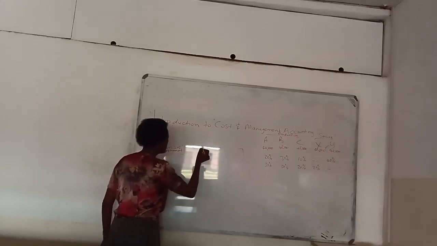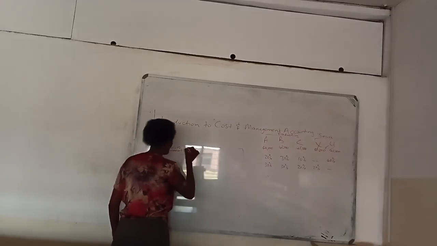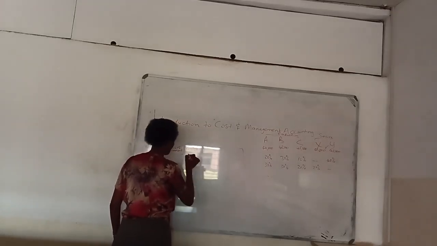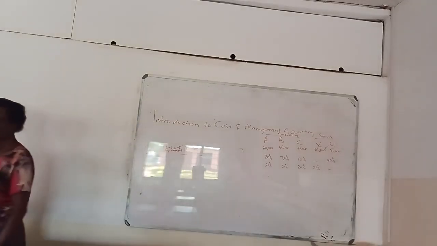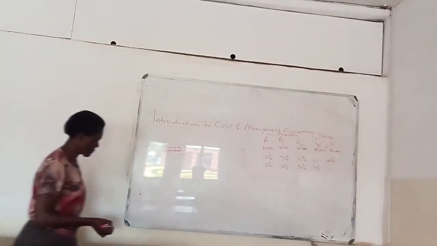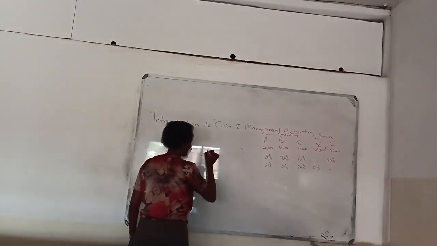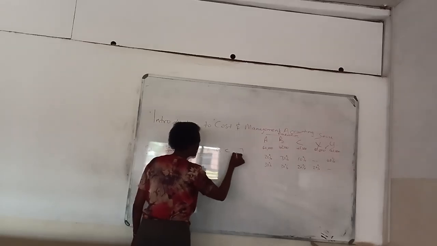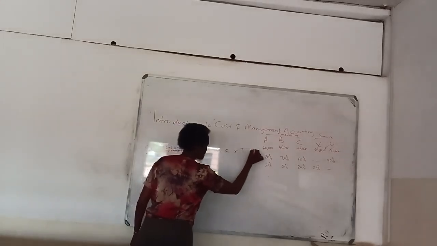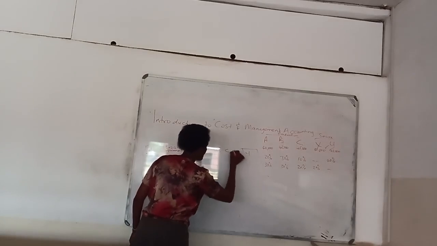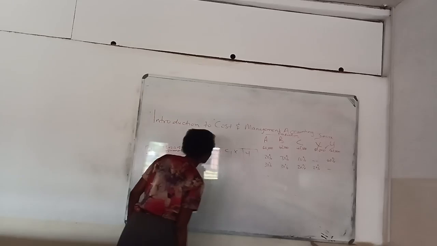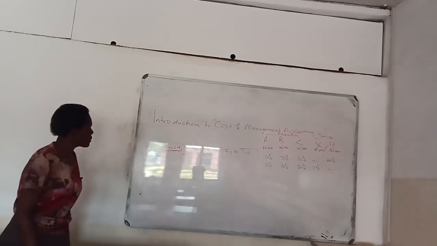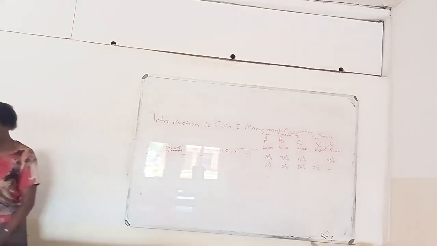Then the third one, Total. The other ones: A, B, C, X, Y. So this is our schedule that we are having.